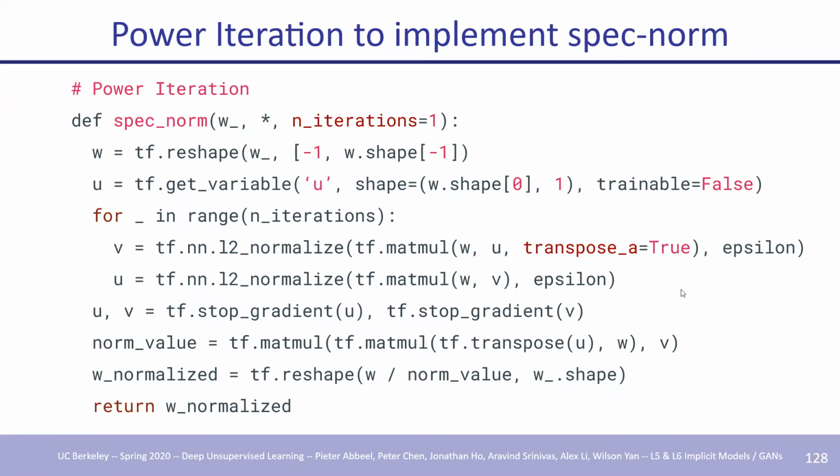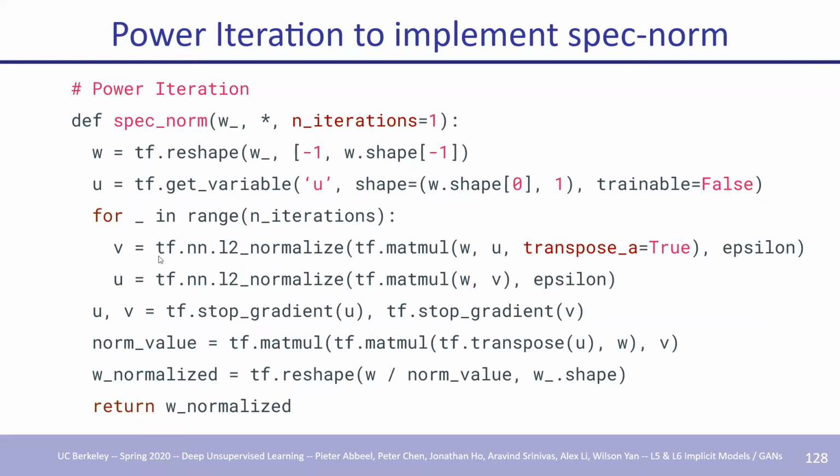It turns out that the way they do it is something called the power iteration method. If you have a matrix A and you multiply by X and you keep multiplying the output by A over and over again, it converges to its eigenvector. That's called the power method.